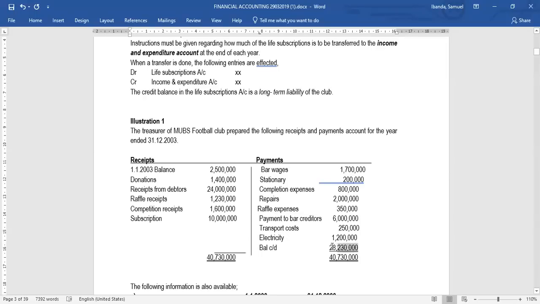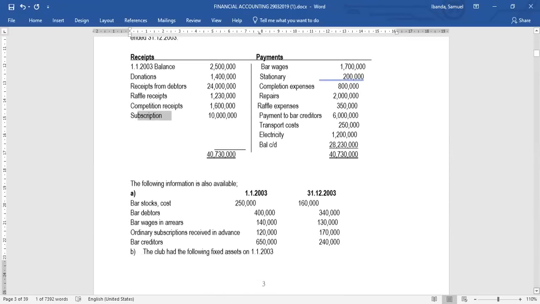Then we have a balance carried down. This will be like the amount of money that we have at the bank, if we're told we only work with the bank, okay? And then we have, of course, our respective totals on each of the sides. So this is basically summarizing. And remember, we have the receipts: donations, receipts from debtors, raffle receipts, competition receipts, subscriptions, and so on.